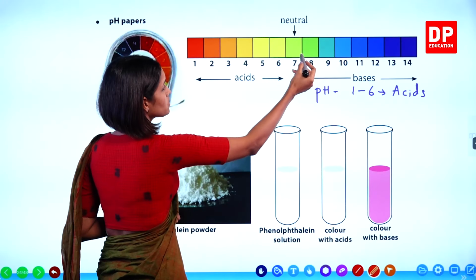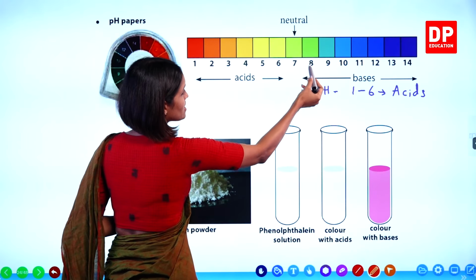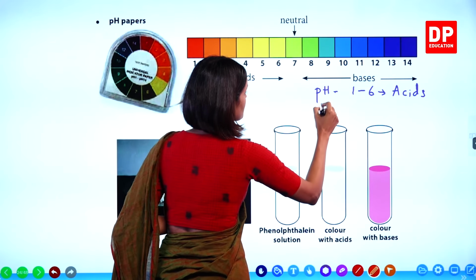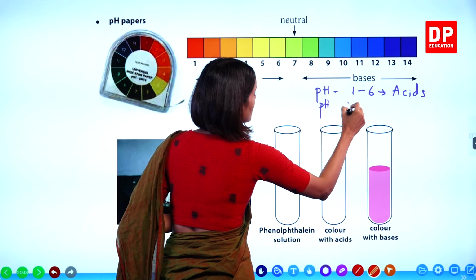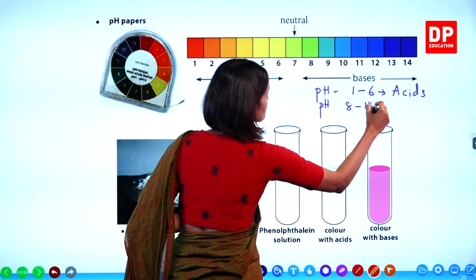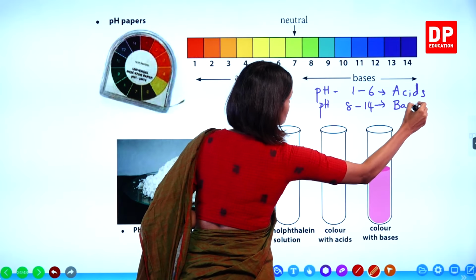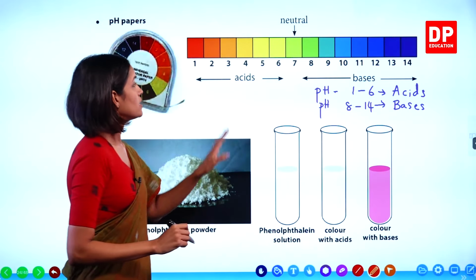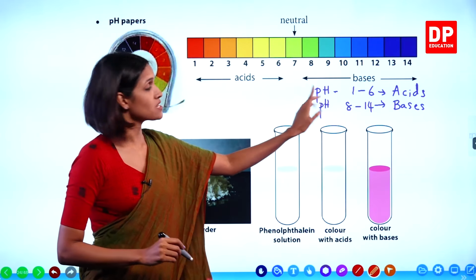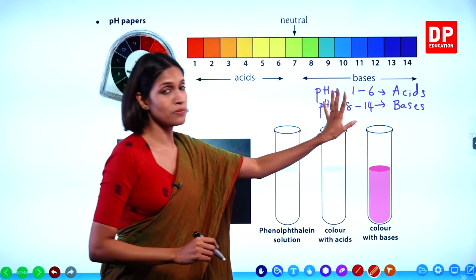And you can see from here, pH 8 to 14 gives bases. pH 1 to 6 acids, pH 8 to 14 bases.